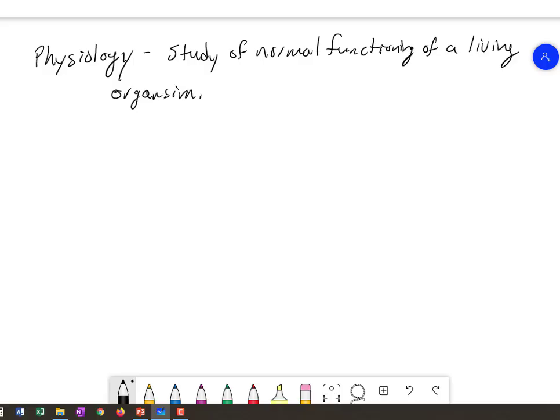Now, this is in contrast to anatomy. The key word here really is that physiology is the study of the function.